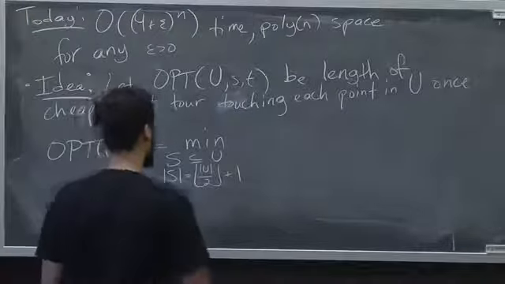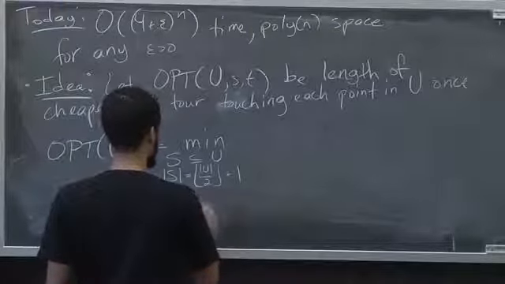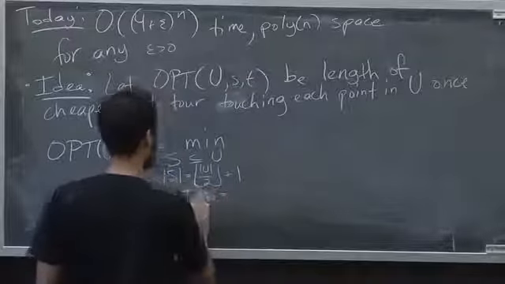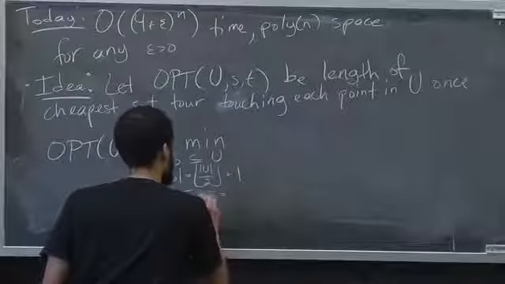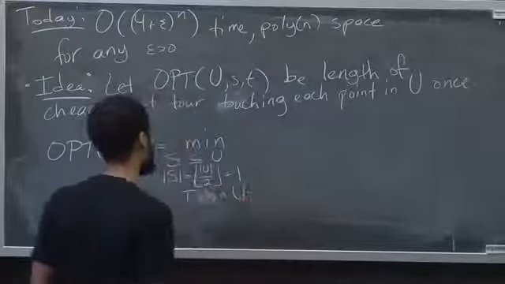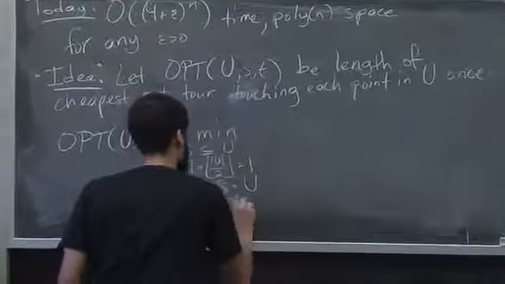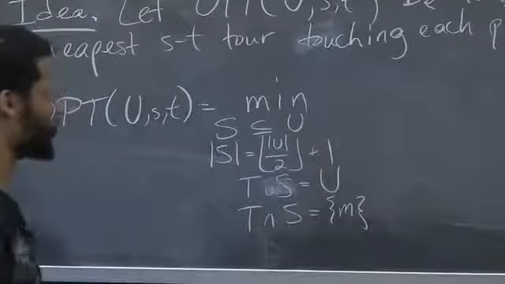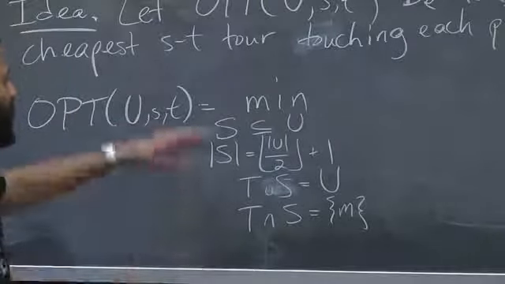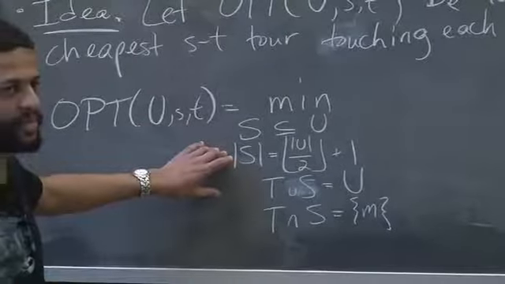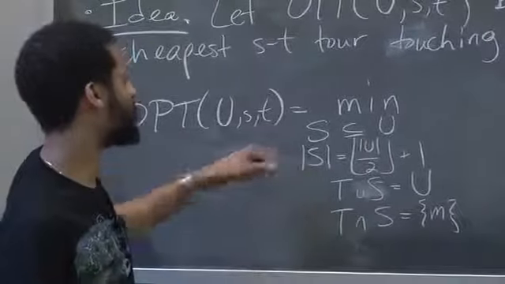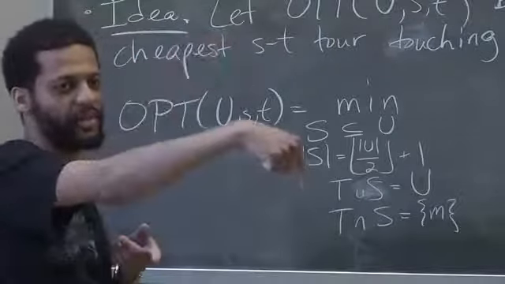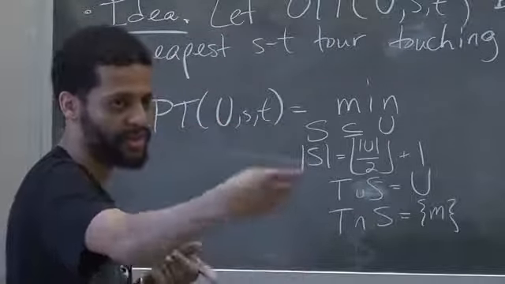And let's also say S union T is U, and T intersect S is some point M. So we're trying all subsets of roughly half the size. And then we're also going to say, when we finish going through that half subset, where do we end up? And that's where we pick up and continue in the second half.